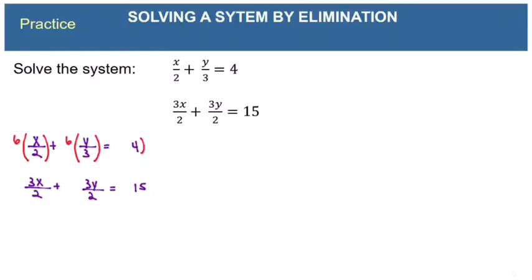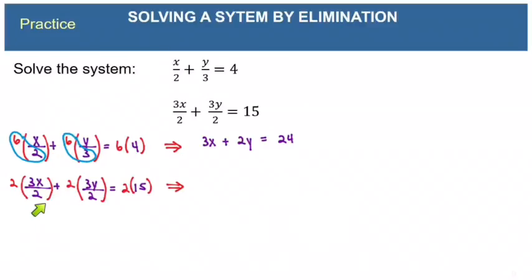So here I'm going to multiply both sides of the top equation by 6, and that's going to give us 3x plus 2y equals 24. And now on the bottom equation, let's multiply everything by 2. And these 2's will cancel, and that will leave us 3x.